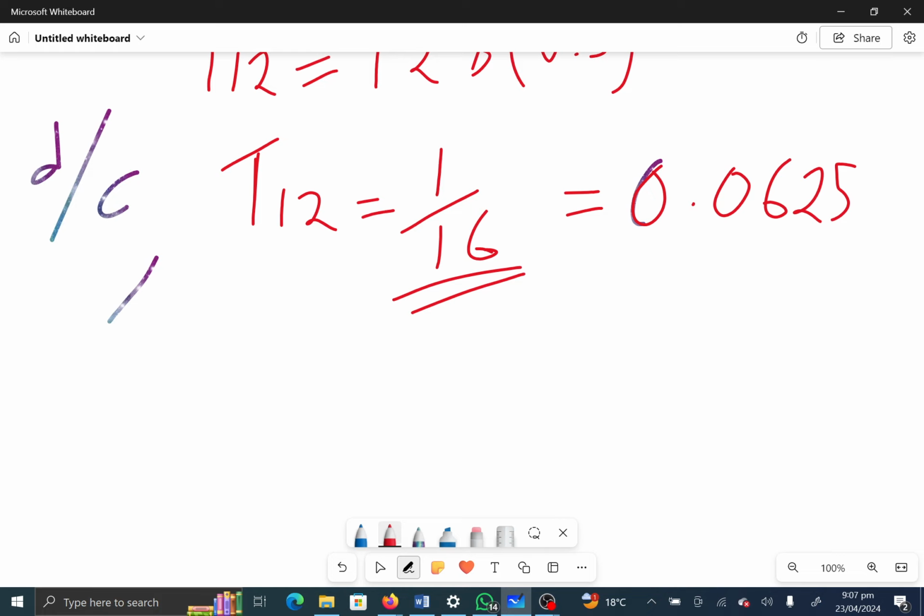So we are also told in the question that we should find a formula for the nth term.